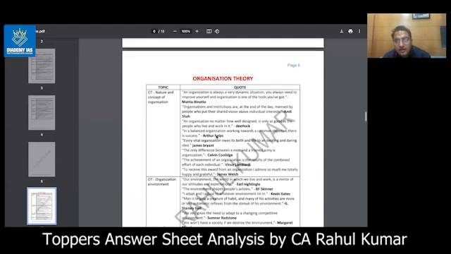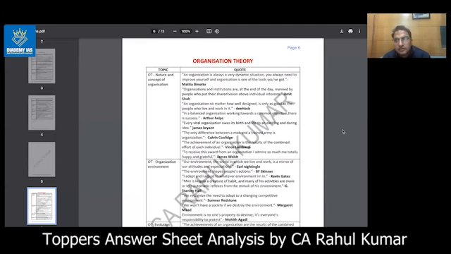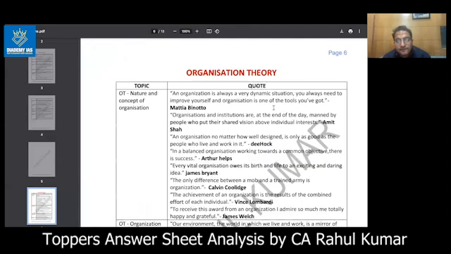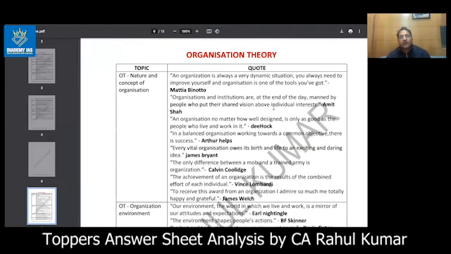So this is the file of quotations. We'll post it on the Telegram channel. These are the quotations of organization theory.